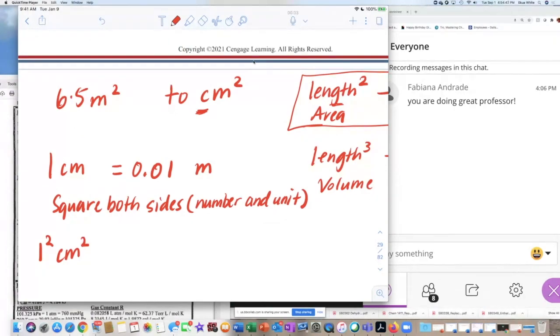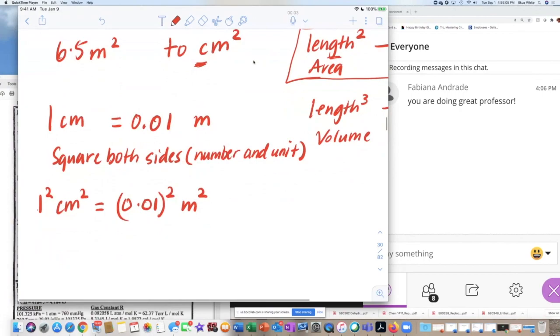Don't square the equal sign. Equal, 0.01 squared, and then meters squared. We're squaring the number and the unit to generate what is like a DIY conversion factor. There wasn't one available, so you made your own. You square everything but the equal sign. Okay, what is 1 squared? 1 centimeter squared remains a centimeter squared. Equal is equal. Square this number here, 0.01. Well, you've got to square it in your calculator.